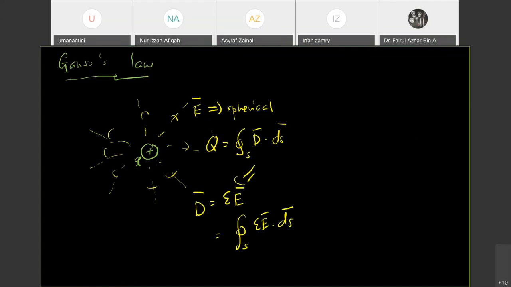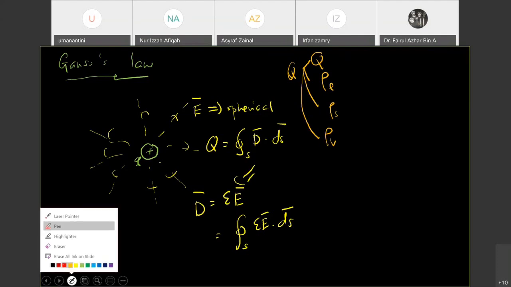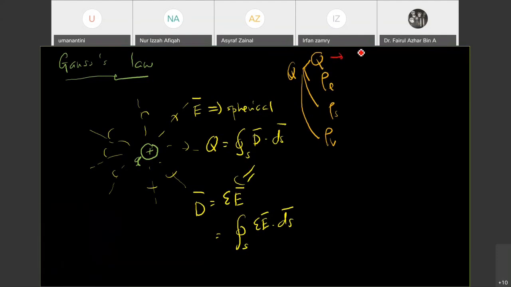Basically, how do we solve this equation? First we know that Q can exist in several forms. It can exist as an isolated particle charge, as in the example I gave. It can exist as rho L, as rho S, and as rho V. The rule of thumb here: if the charge exists as an isolated charge, we need to use the spherical coordinate system, because of the shape of the charge itself.